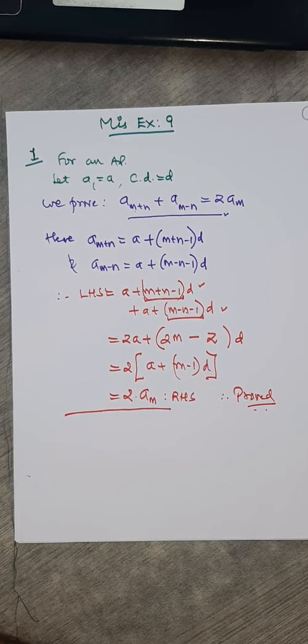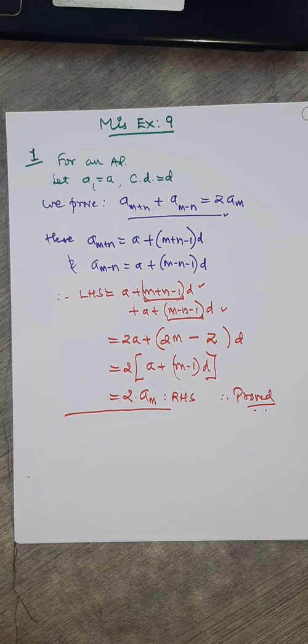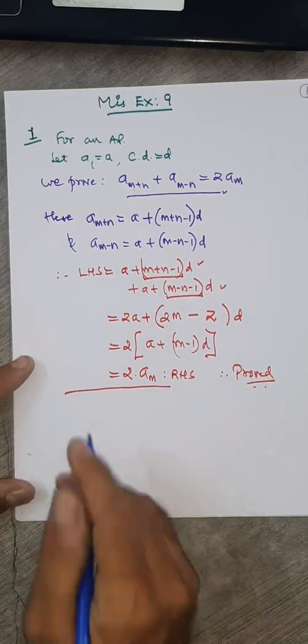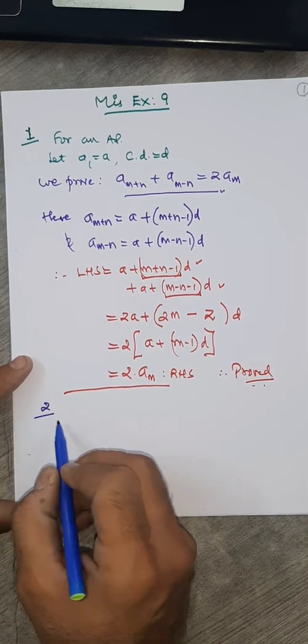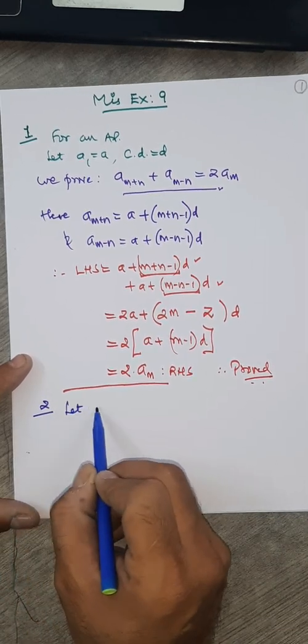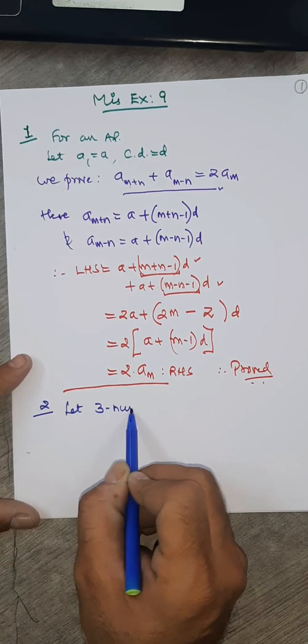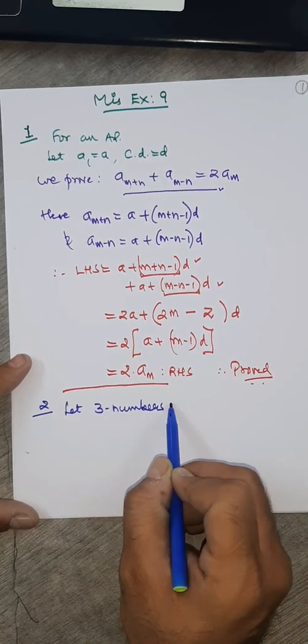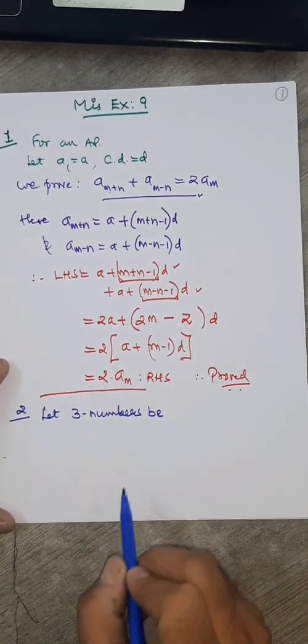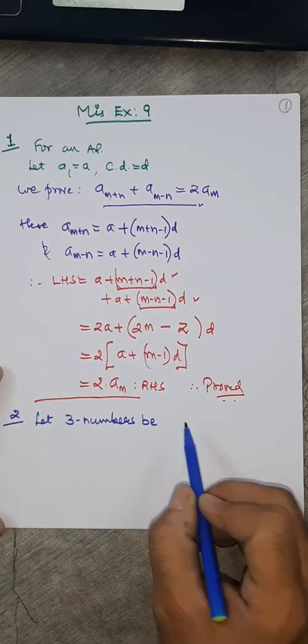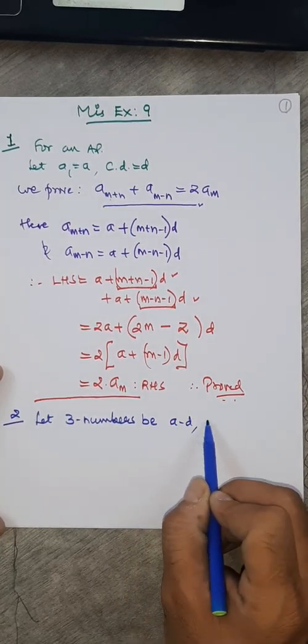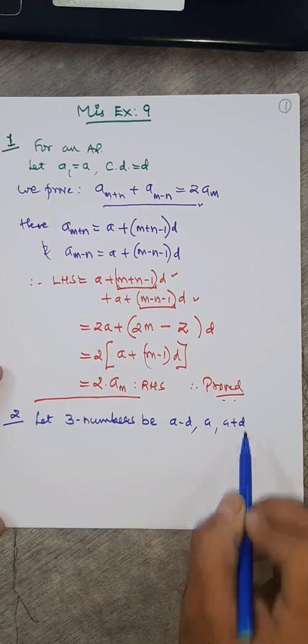Okay, next question. What you are asked: the sum of three numbers in an AP is 24 and their product equals 440. Find the numbers. Here, let the three numbers in AP be, as we normally select, a minus d, a and a plus d.